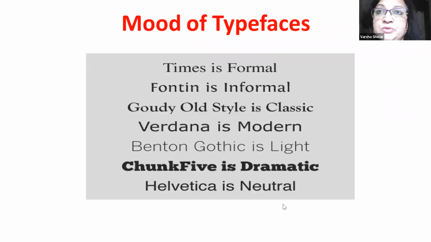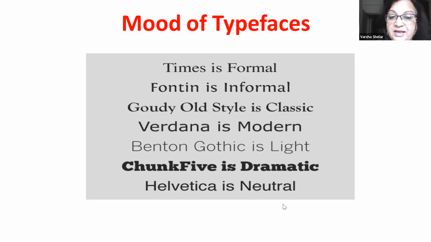So as I told you, Times New Roman is a formal, traditional typeface. Fontaine is slightly informal. You can use it for informal communication. Gaudi again is old style. It's a classic kind of typeface. Baskerville also is a kind of classic typeface. Verdana is modern.